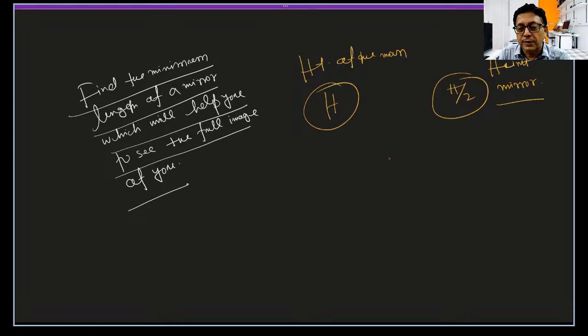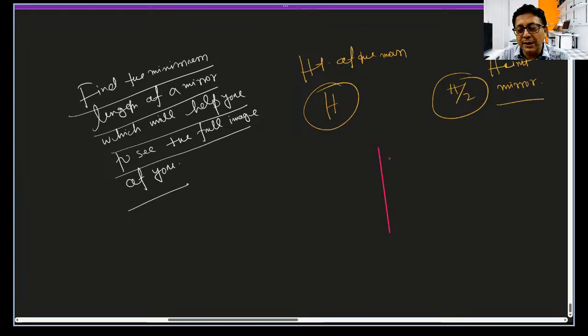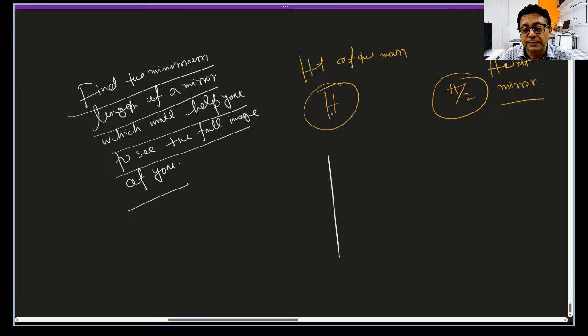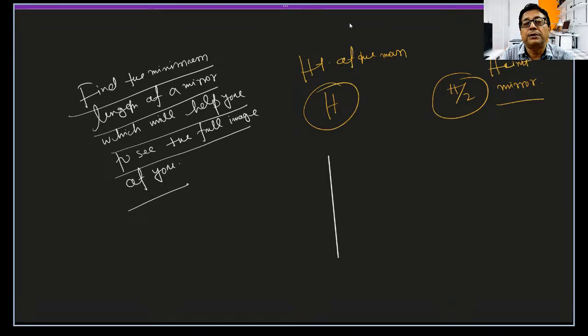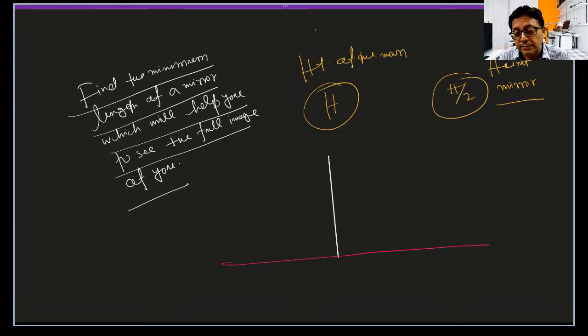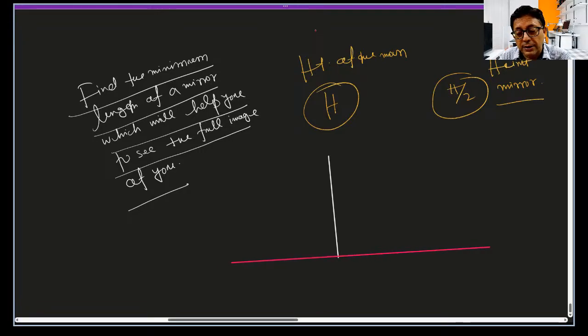Mirror you take. I am taking mirror here. Oh, not so big. Your position you take first. Here. This is you standing here. You are standing on the ground. Ground is there.